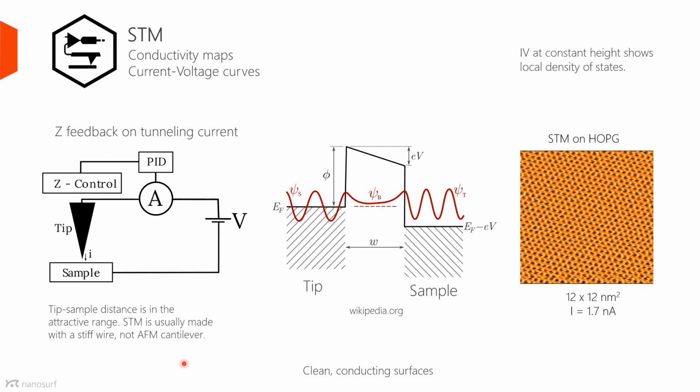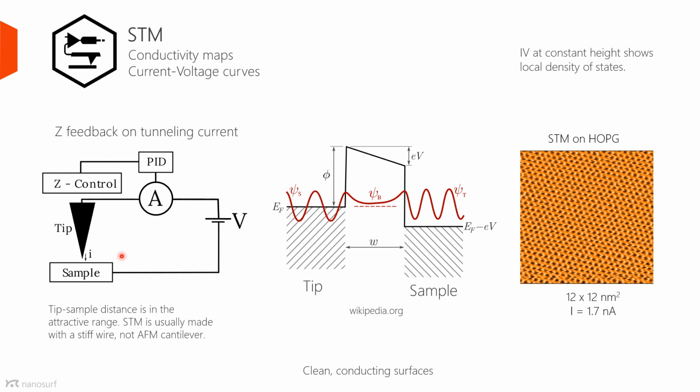To finalize the topic of conducting measurements, I would like to briefly discuss the scanning tunneling microscopy, or STM. In the STM, the tunneling current between the tip and the sample is used to control the tip height above the sample. And the distance between the tip and the sample for the tunneling current to exist usually corresponds to a strong attractive regime. Therefore, STM is usually done with stiff STM tips.